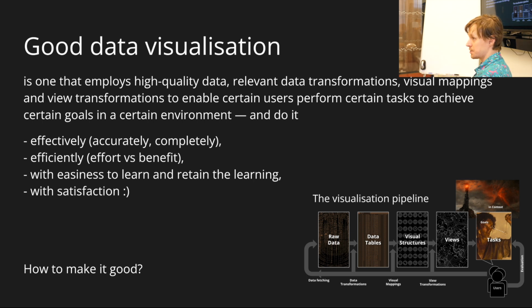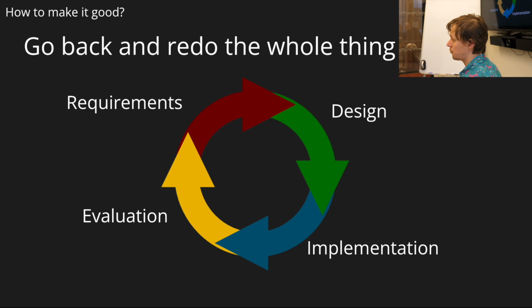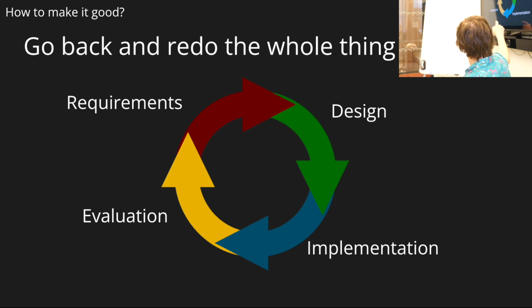All of them you could measure in user testing. Actually invite users, observe them, give them tasks, see how they use your technology, and see if they succeed. And probably they don't, so then how to make it good? The next slide is how to make it good. So you go back and redo the whole thing. After you've evaluated, that is the testing with users, you go back to your requirements, you adjust them, you redesign the thing, you implement.